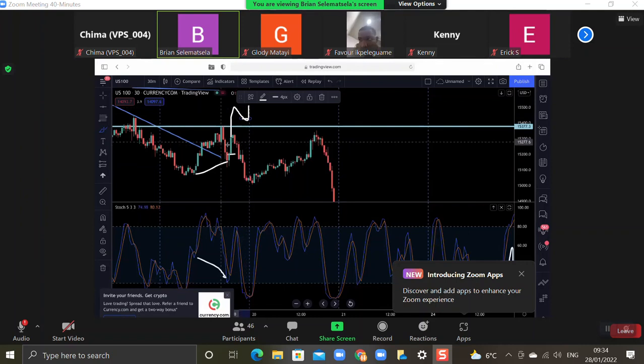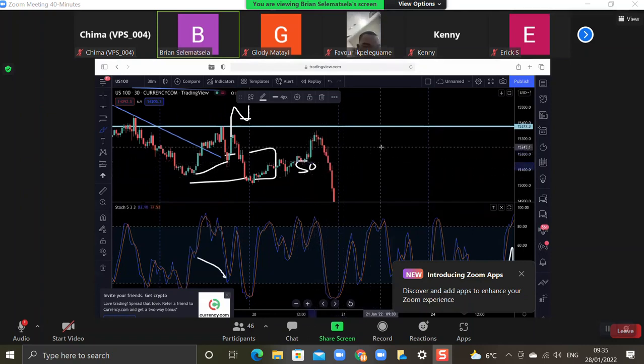Yeah? Now, if you find a situation where when you would have entered here, you will put your stop loss around here, and the distance between where you've entered and the stop loss, let's say it is 50 pips. You will calculate the lot size, and let's say you have a $100 account. You calculate the lot size that will say if the market goes against you 50 pips, you will lose the $100.